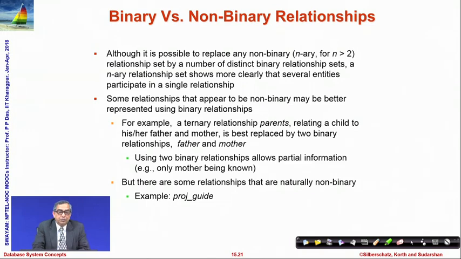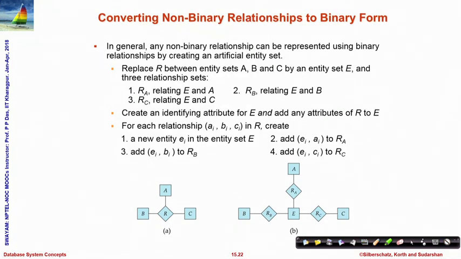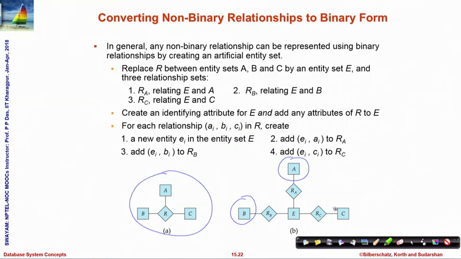That does not represent the same information. So, in general you can convert a non-binary relationship into binary form by doing this. This is a ternary relationship being shown, and these are the three entity sets involved in the ternary relationship.